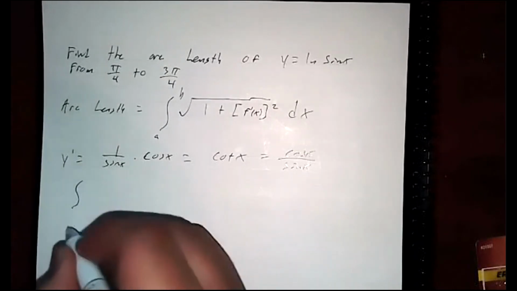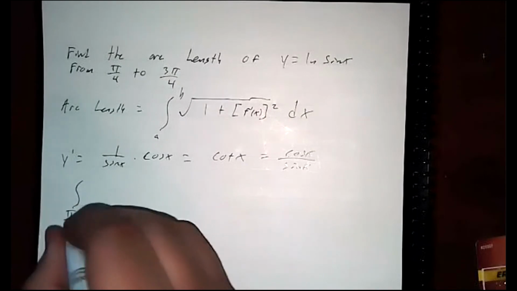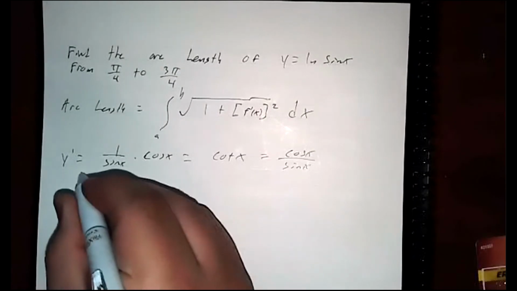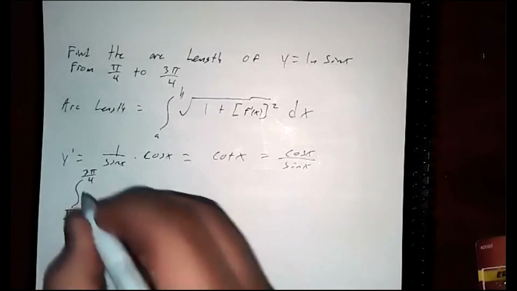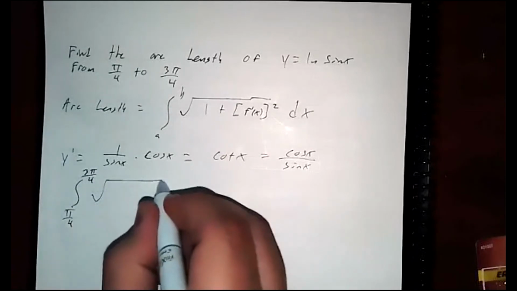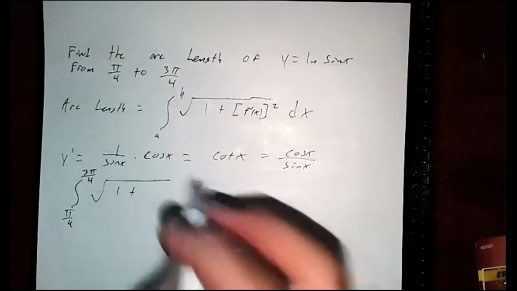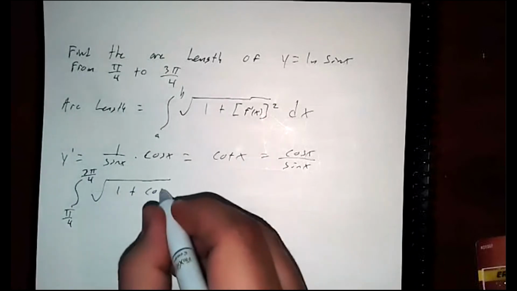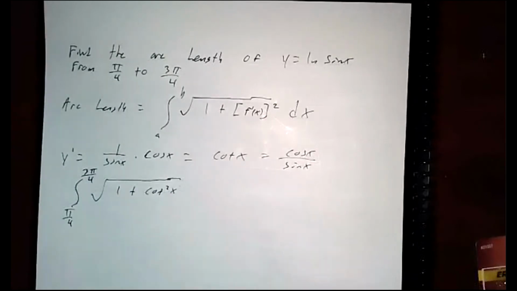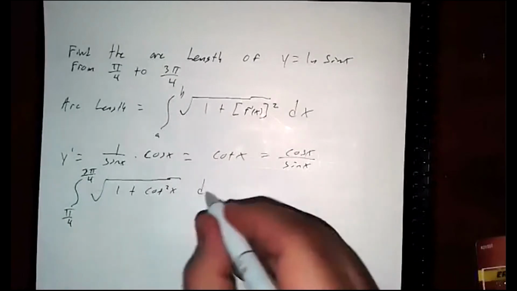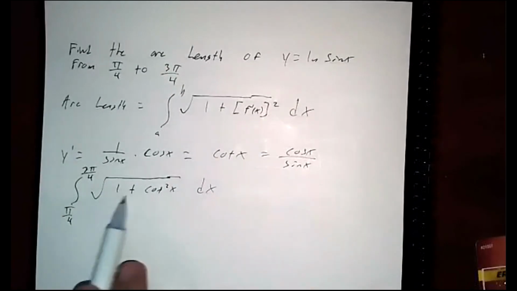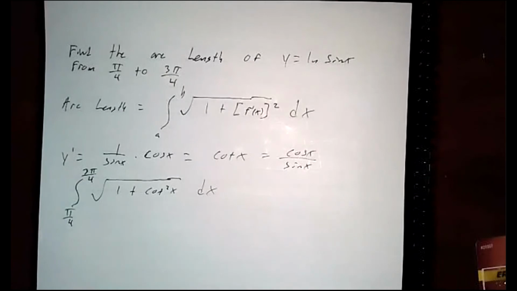So the integral from pi over 4 to 3 pi over 4 with the square root of 1 plus cotangent squared x. Yeah, that looks like the way to go because this is an identity. What is 1 plus cotangent squared?